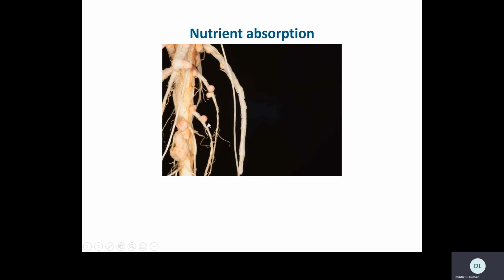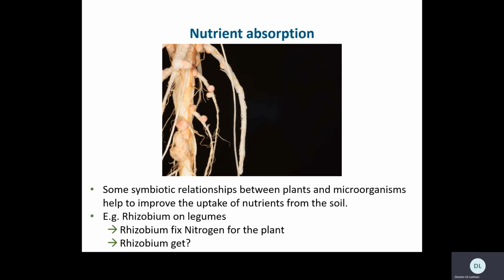So that's what those little bacteria do in the roots of your legumes. They convert nitrogen into nitrate, which is a chemically active form of nitrogen that can be used by the plant, which is great. Now, what do they get out of the relationship? Well, they actually get, I suppose, a place to live, first of all, but also in that place that they're living, they have access to sugars from the plant.